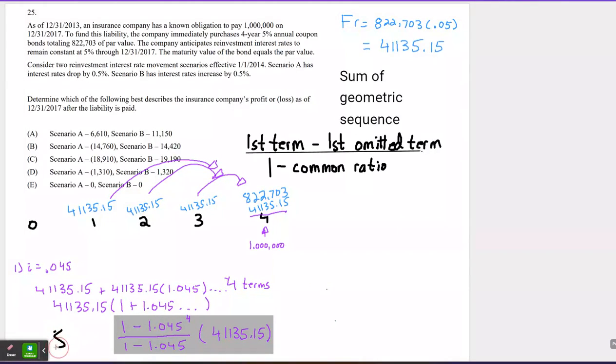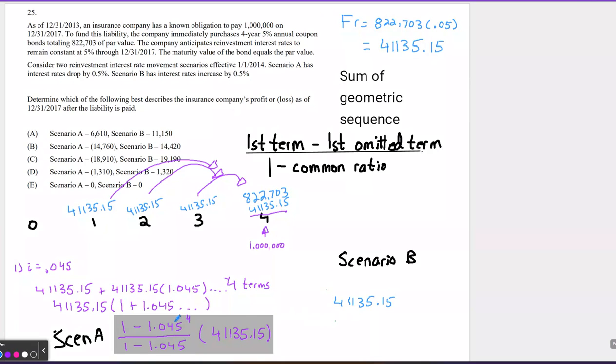So scenario A. Now, you should just realize that we're still going to have to accumulate the coupon payments but at a different interest rate. So scenario B, if you think about it, is just going to be the same thing. We have our 41,135.15.